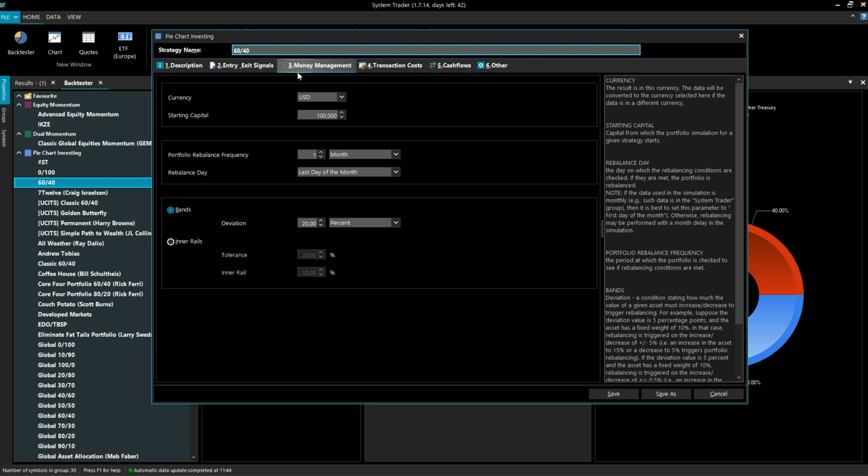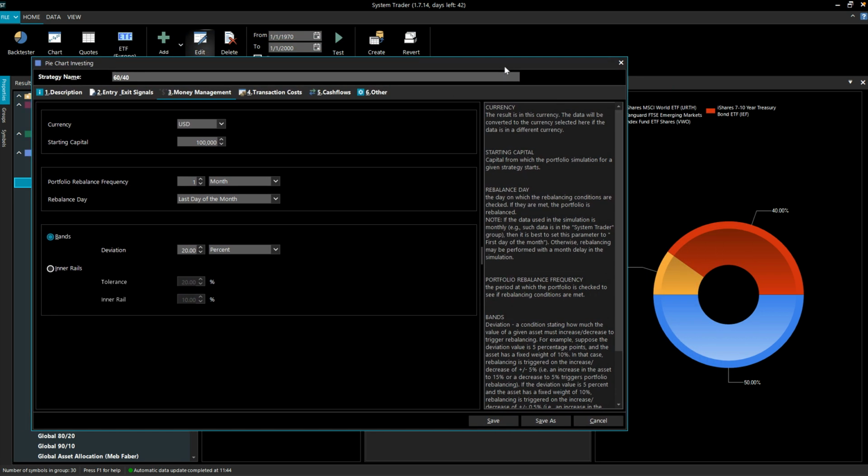In the current settings, which is the default, we have the portfolio rebalance frequency set to every 1 month. But that doesn't mean that every month we are making rebalancing, because here we have bands and it says deviation 20%, which means that with that setting, we will only do rebalancing if any of these weights is deviating by more than 20%, not 20 percentage points, but 20%.